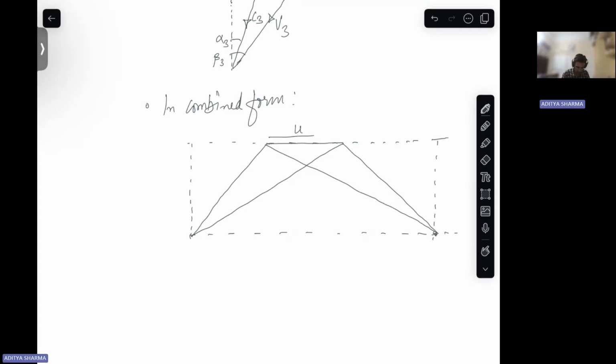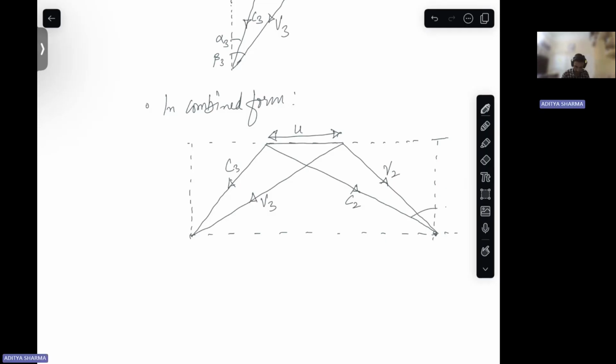This is your blade velocity. I hope it's clear. What is the blade velocity related to? Your rotor blades, right? The nozzle blades are stiff, they are not moving. So here we are talking about blades of your rotor.